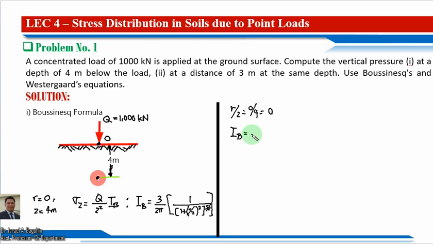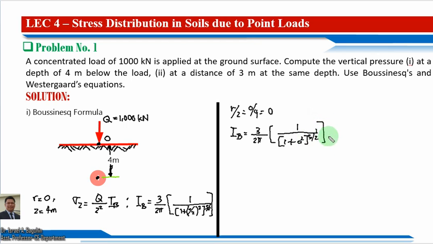this 3 over 2 pi times here. Okay, so we have now this quantity 1 plus 0 squared raised now to the 5 halves. Okay, and this is 1 here.